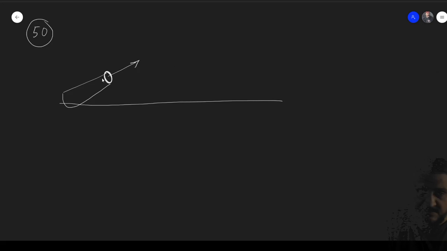What's going to happen? It's going to fly like this, of course. The net is placed at a horizontal distance of 6 meters from the cannon, somewhere around here.